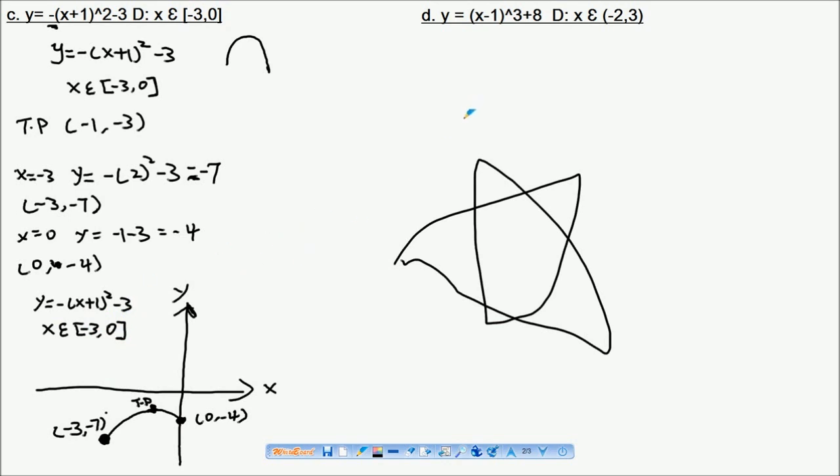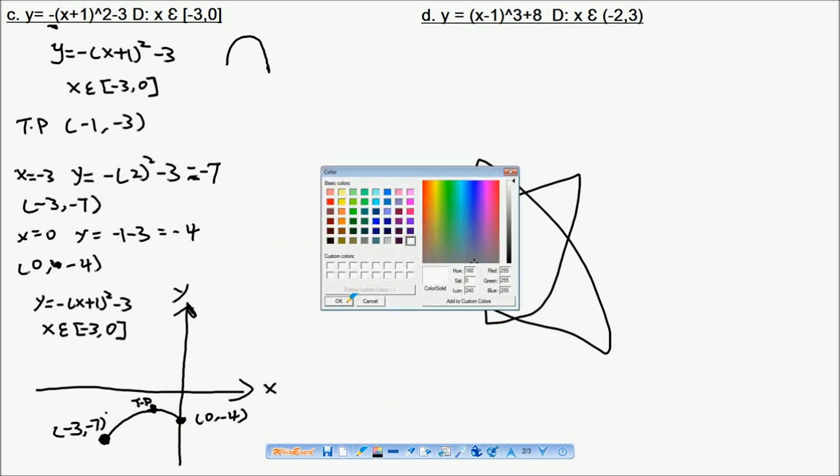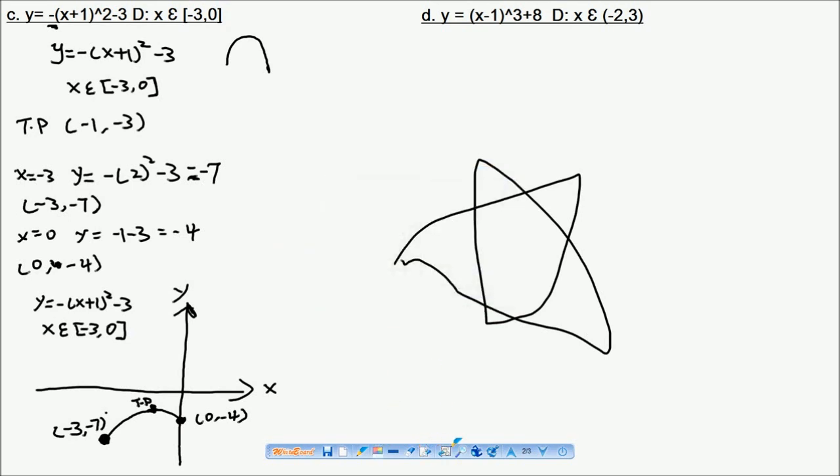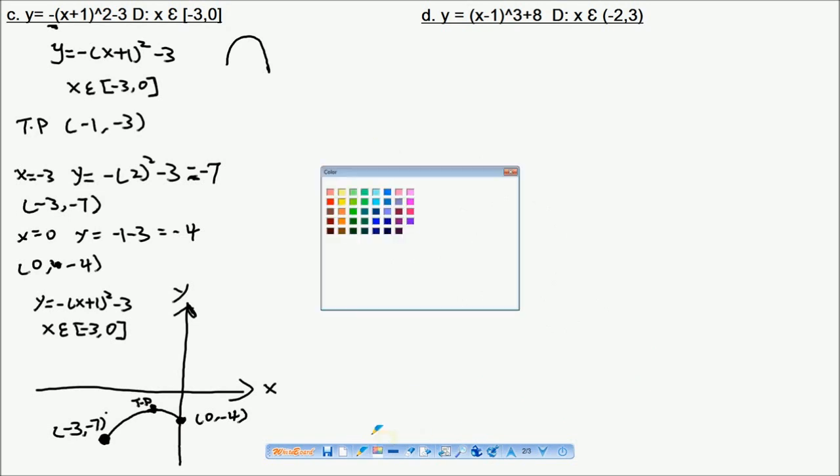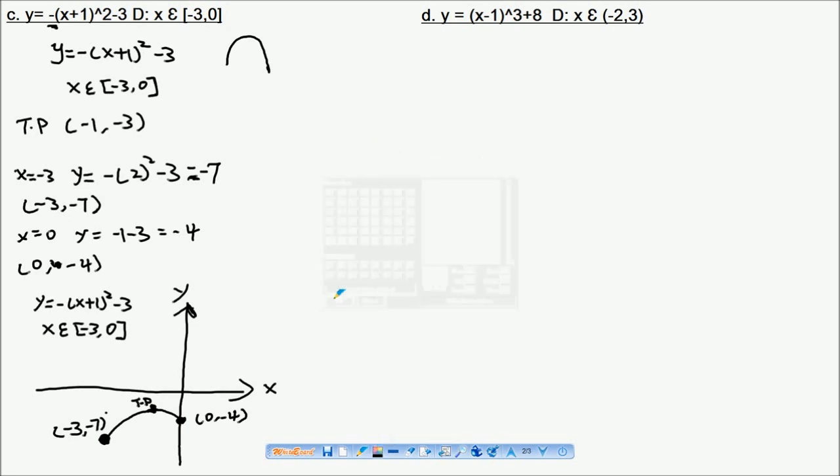Now let's do a similar question with cubic equations. Okay, so let me rewrite the equation.